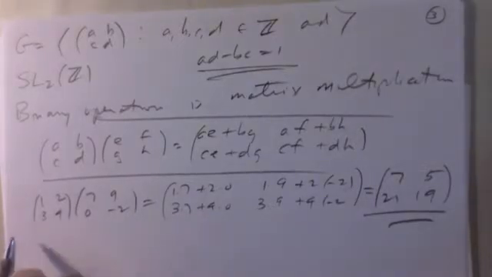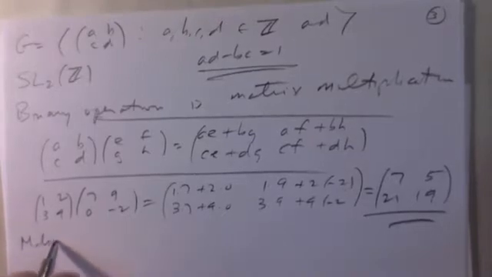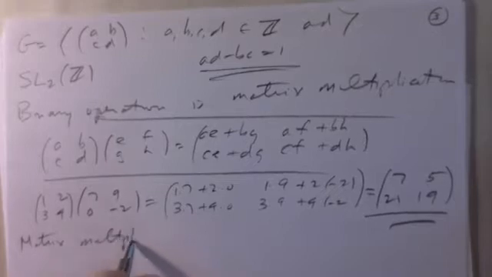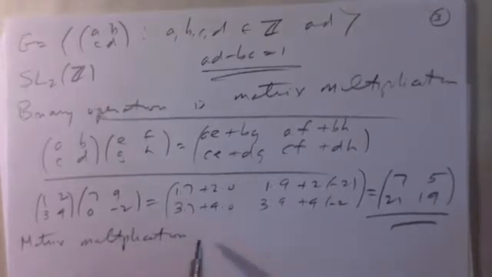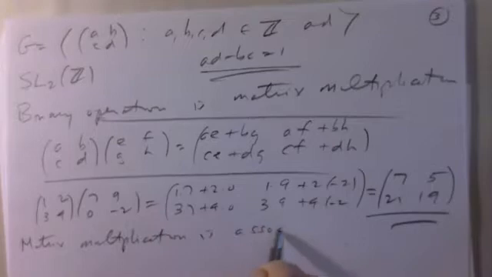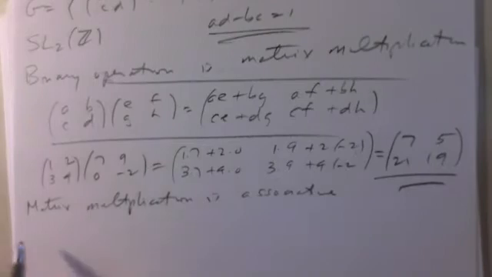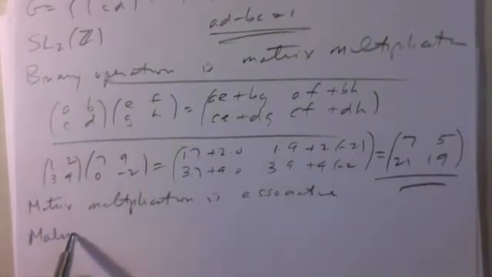And one can check, I'm not going to do it now, that matrix multiplication, as I just defined it, is associative. So for any three matrices, X, Y, and Z, the associative law is satisfied.